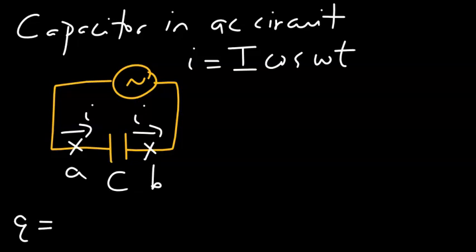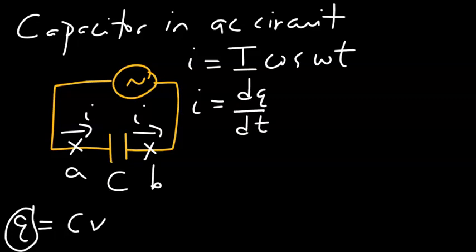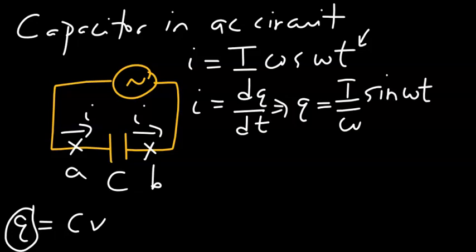Since voltage is related to the charge, from that expression we need to figure out the charge on that capacitor at any time t. Electric current is the rate of change of charge. So in order to get charge as a function of time, you need to integrate that expression. And you're going to get I over omega. Integrating cosine, you get sine omega t.